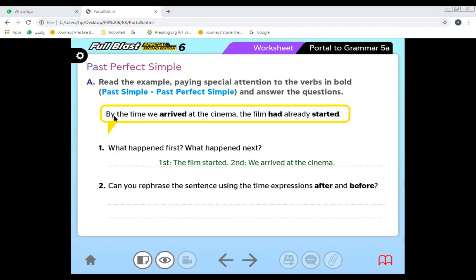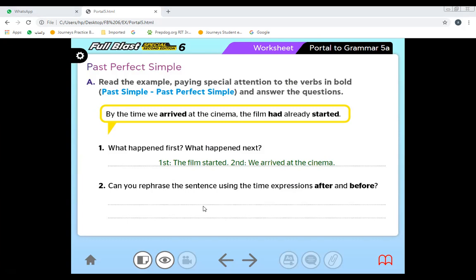The same sentence. By the time we arrived at the cinema, the film had already started. Use after in this sentence. Okay. Can you use after? After the film had already started, we arrived at the cinema. Perfect. Well done.